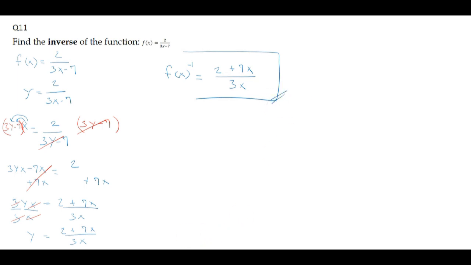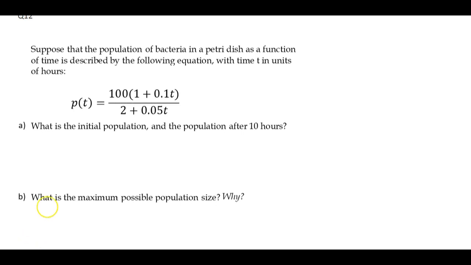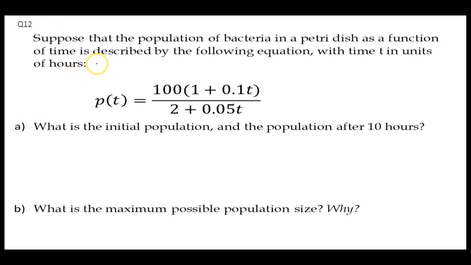Now we're going to do number 12. Question number 12. Suppose that the population of a bacteria in a petri dish, as a function of time, is described by the following equation, with time t in units of hours. So the function is given, and letter A: what is the initial population and the population after 10 hours?